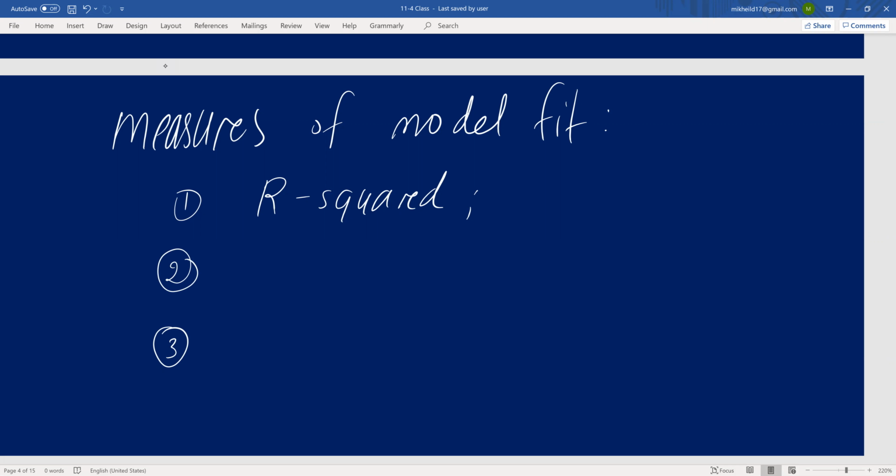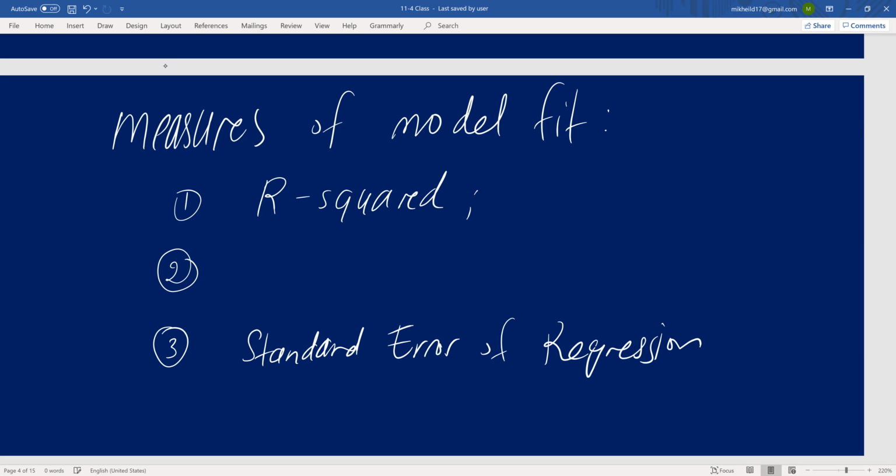And this 3 is what? Standard error of regression. Yes. And there is adjusted R squared.